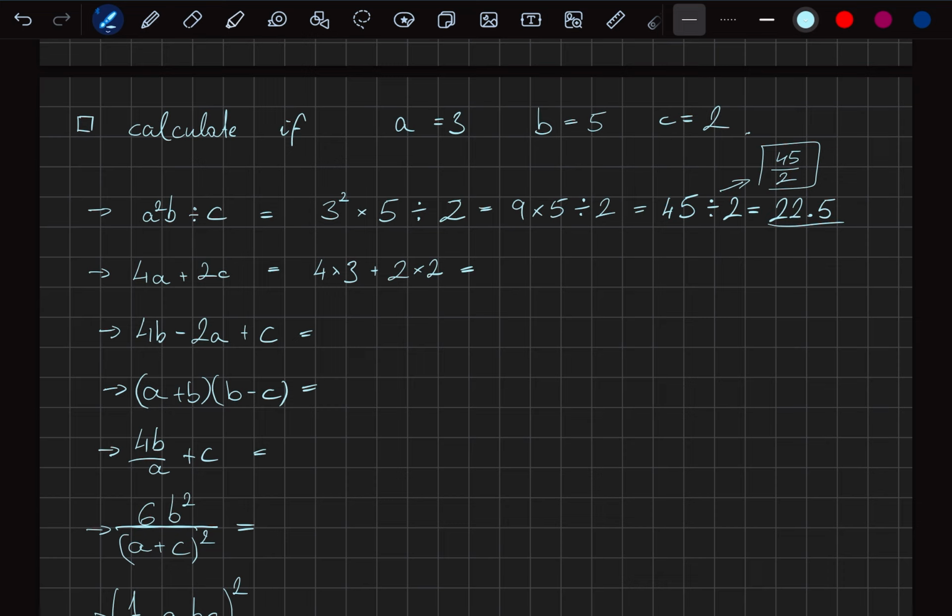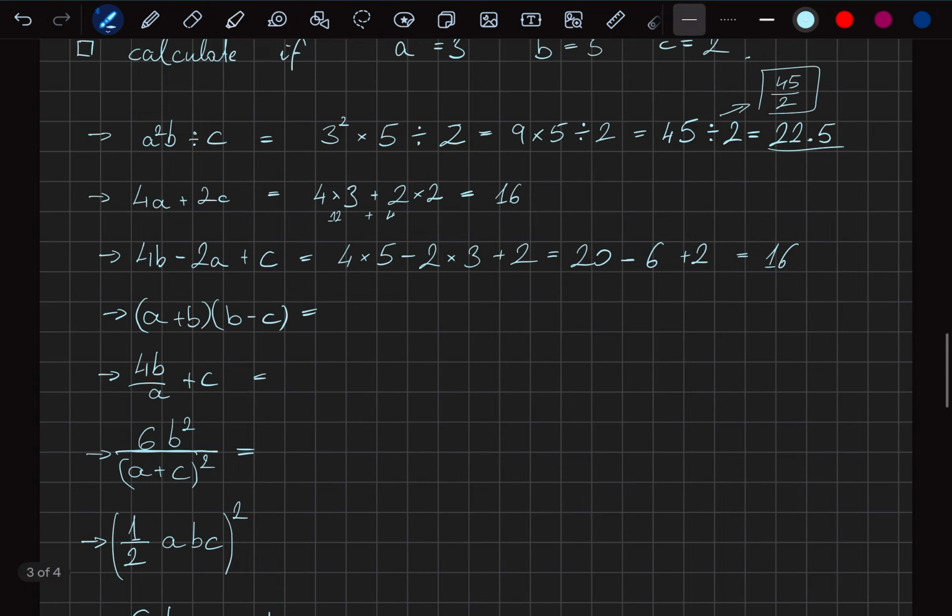So it's 12 plus 4, it's 16. 4 times 5 minus 2 times 3 plus 2 equal. And we calculate first the multiplication. After we will take away and add the 2. So 4 times 5, it's 20, minus 2 times 3, it's 6, plus 2. 20 minus 6, it's 14, plus 2, it's 16.